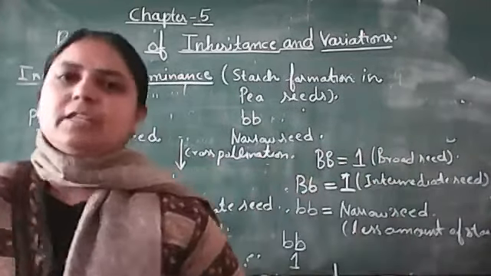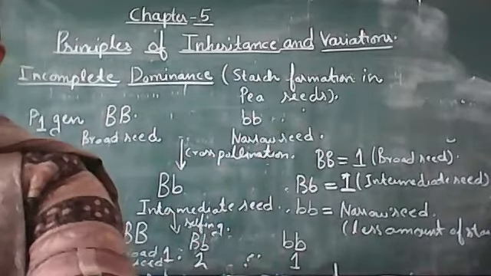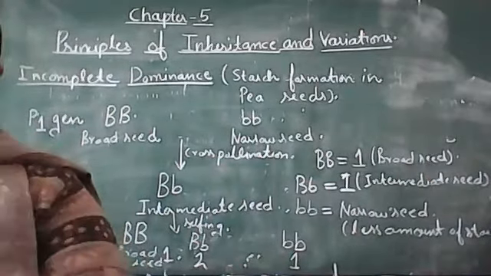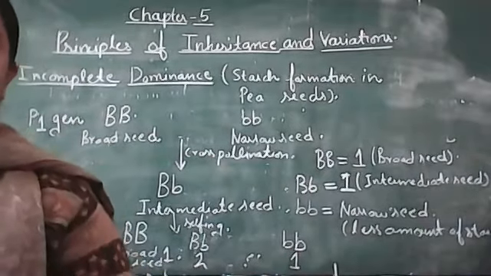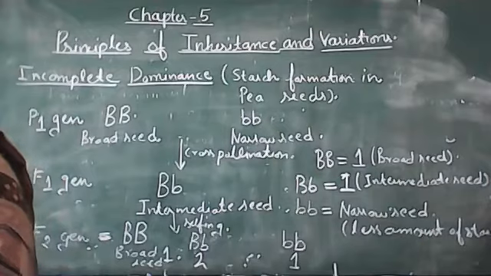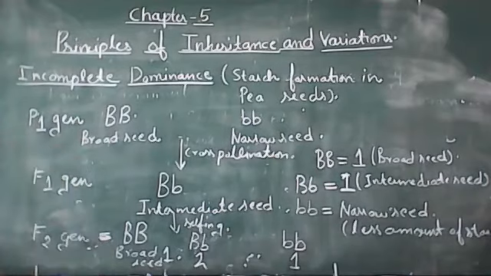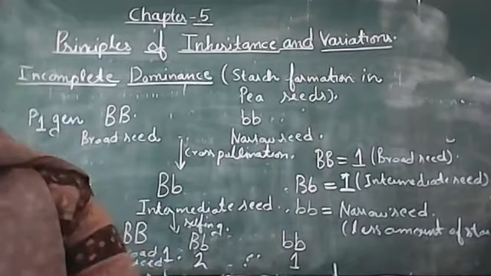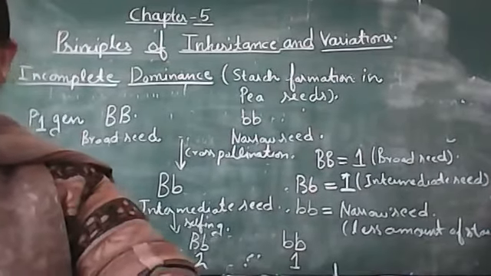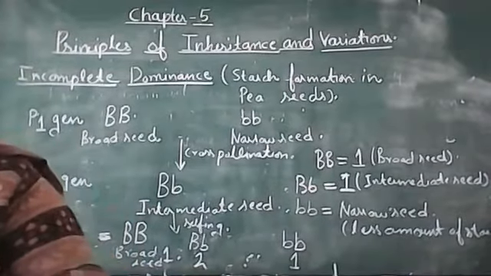Okay students, this is another example of incomplete dominance. So today we have studied three types of process: one is incomplete dominance, another is codominance, and the third one is test cross. Whenever a question is asked in the examination regarding incomplete dominance, you have to give the example of snapdragon, or Antirrhinum majus, and another is Mirabilis jalapa, which is known as the 4 o'clock plant.